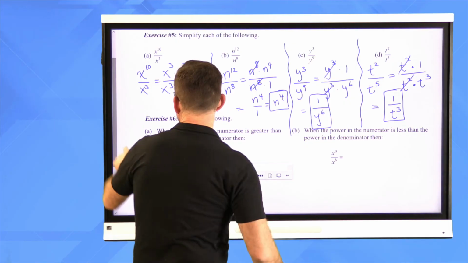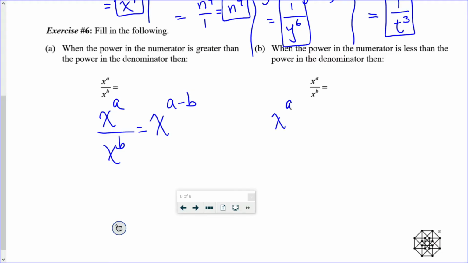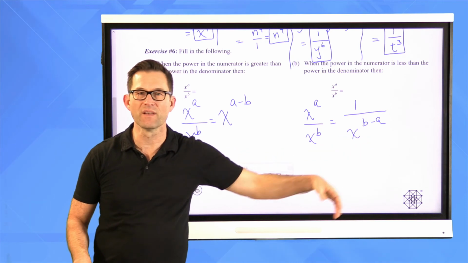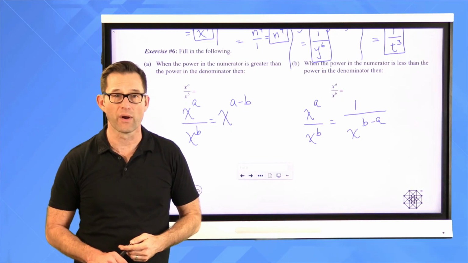So when we've got the power of the denominator larger than the power of the numerator, we end up getting 1 over x to the b minus a, right? You just got more in the denominator, so the result stays in the denominator. Here you have more in the numerator, the result stays in the numerator.